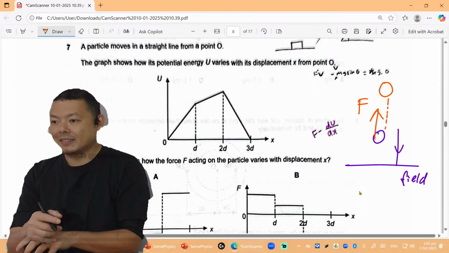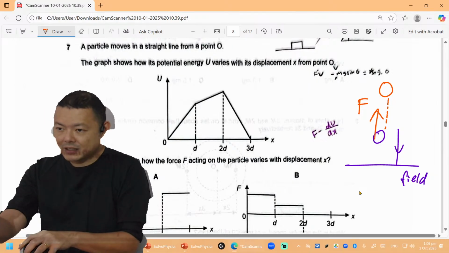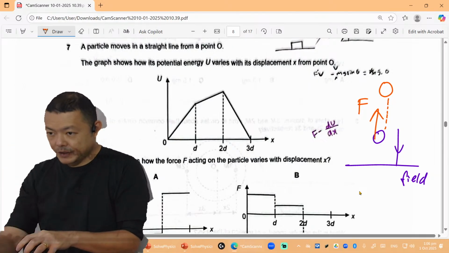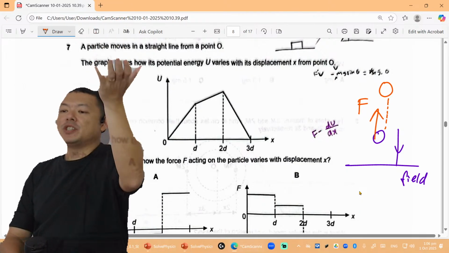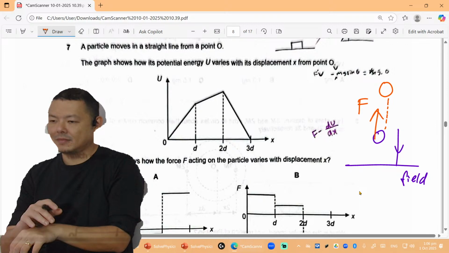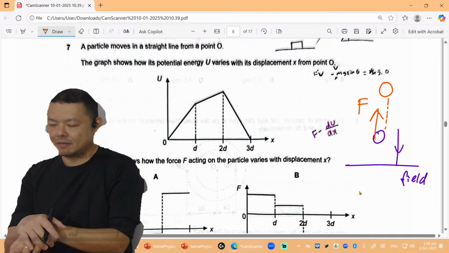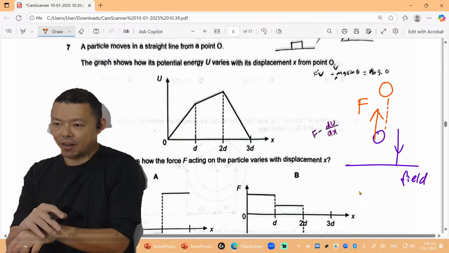That's like GPE. You have an object in a gravitational field, you move it against the gravitational field, it will gain GPE. Of course, the force must be greater than the gravitational force.